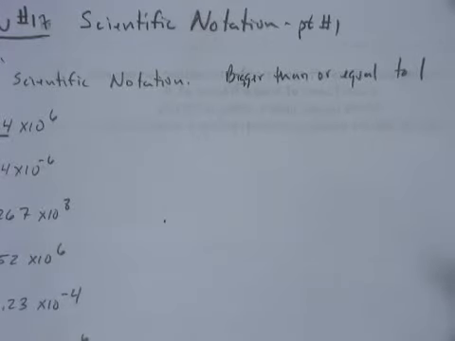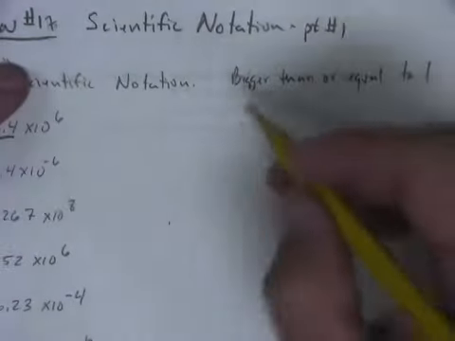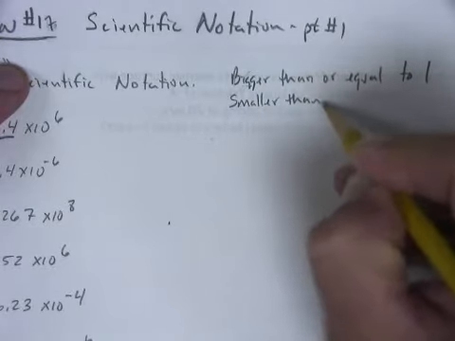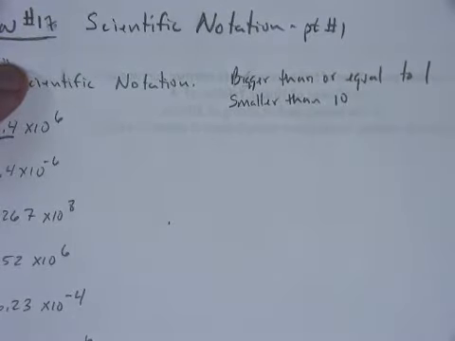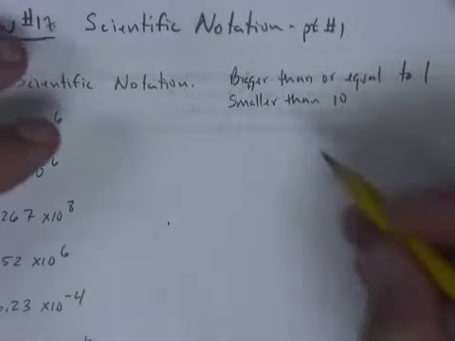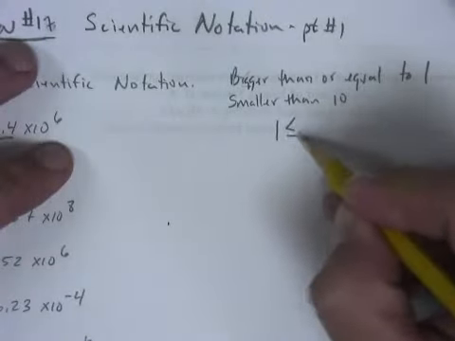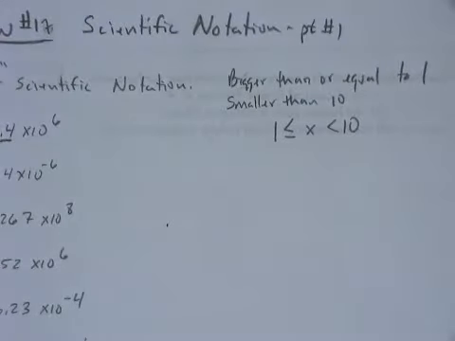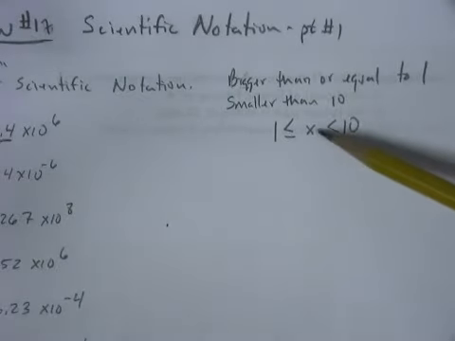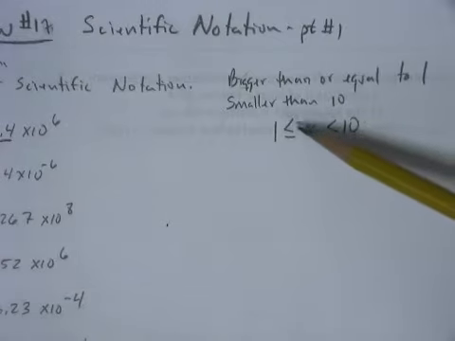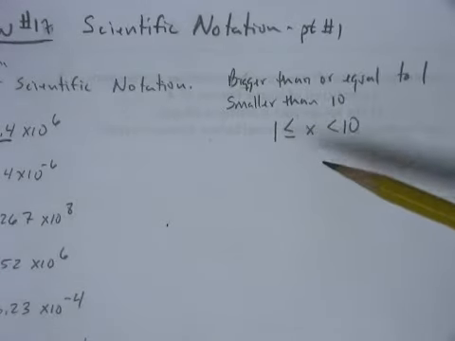It can be equal to 1, but it has to be either equal to 1 or bigger than 1. And it has to be smaller than 10. Kind of a fancy way of showing that would look like this. And we really haven't talked about that type of notation yet. But x has to be smaller than 10, yet bigger than or equal to 1.